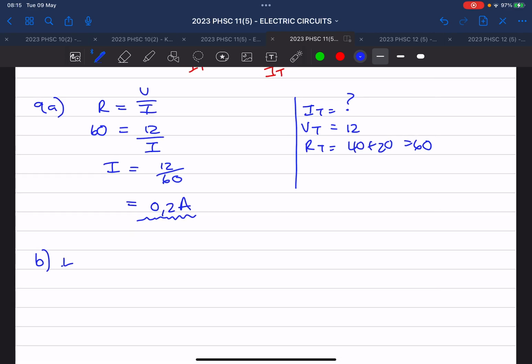Now I have to specify, am I looking first at the 40 or first at the 20? If I look first at the 40 ohm resistor, info table. Did I say 20? Yes, sorry. Do what I do, not what I say. Alright, the resistor, volts, current. What is the resistor?